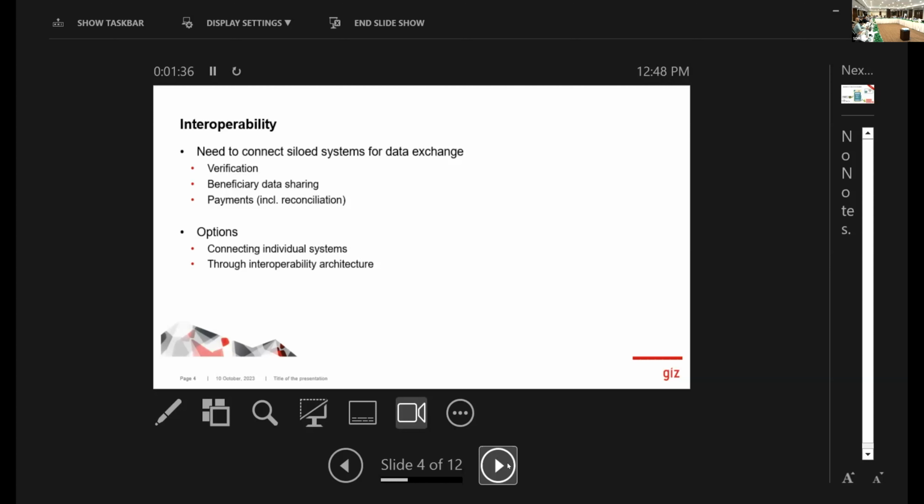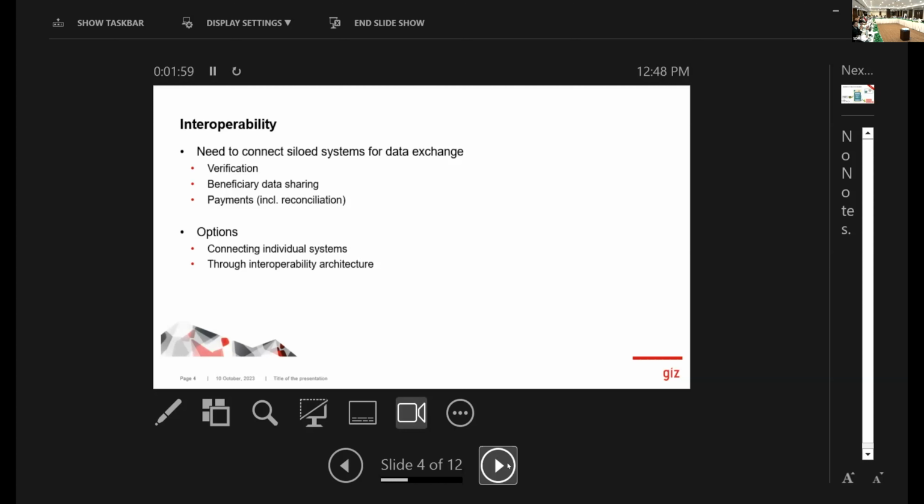And when we're looking at this interoperability, we can see two options. One, we can connect individual systems, basically what I've been saying so far. Or, through using an interoperability architecture. So these are the two options.